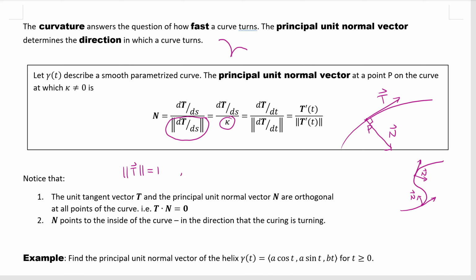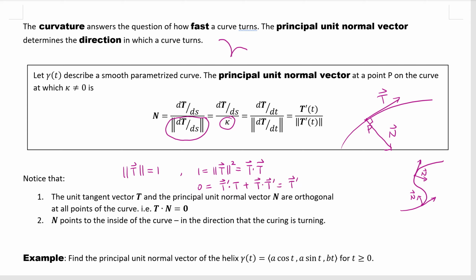Last time we showed something similar to this. If the magnitude is 1, then the magnitude squared is T dot T, which equals 1. When we differentiate, we get 0 equals T prime dot T plus T dot T prime.